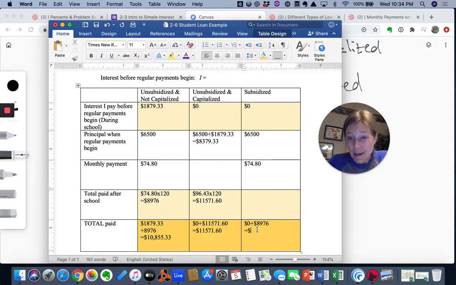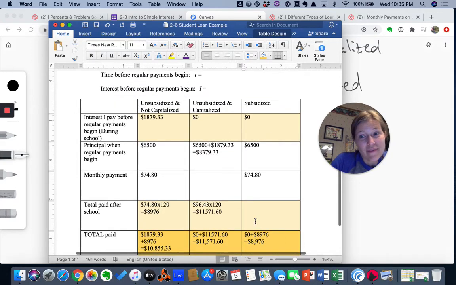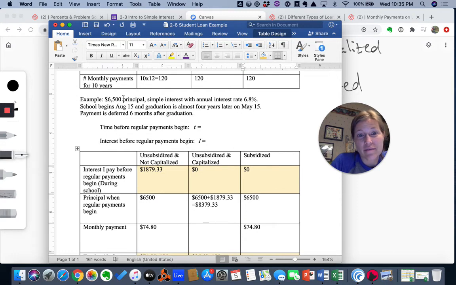So if I have a subsidized loan, that's all I'm paying total. Put some commas in there so we can compare it more easily. So obviously if the government's paying for part of it, you are going to be paying less. But even still, that's more than if you just paid it all at the beginning yourself.